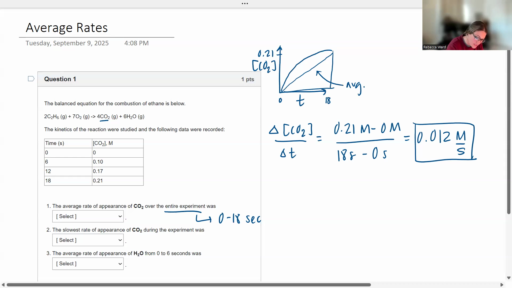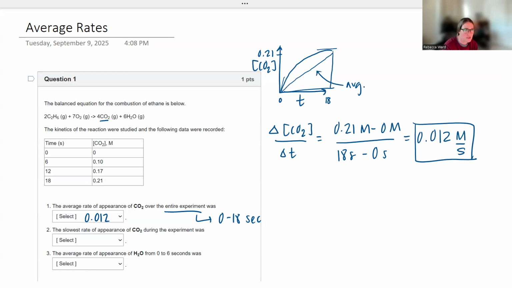But of course, it's faster here at the beginning and slower here at the end, if we were looking at shorter time chunks for the average rate, or at instantaneous rates of reaction. So I have 0.012 for this one. The slowest rate of appearance of CO2 during the experiment was, and then you get some options here.